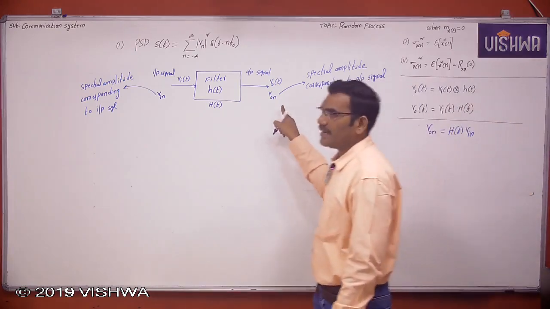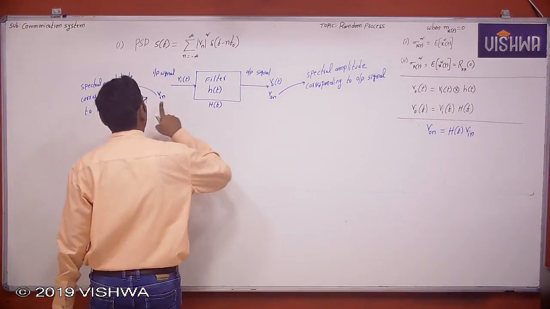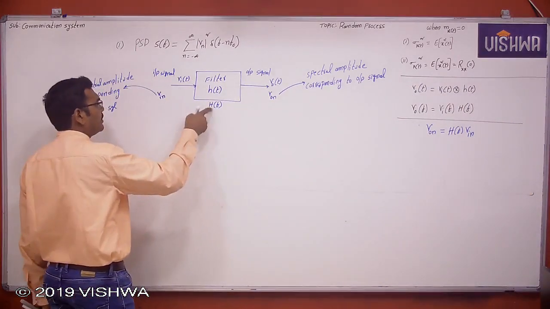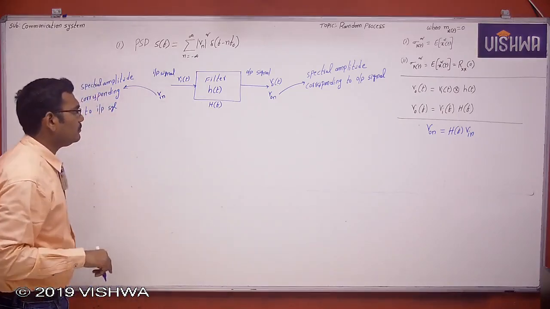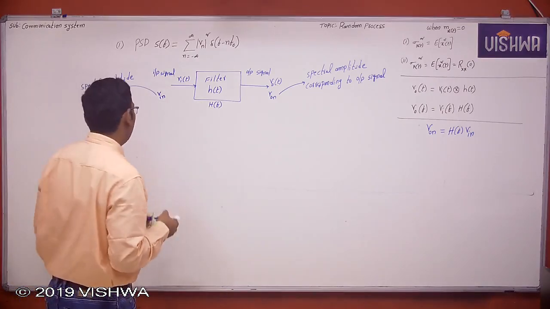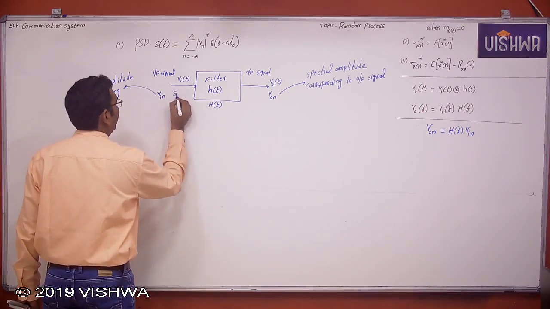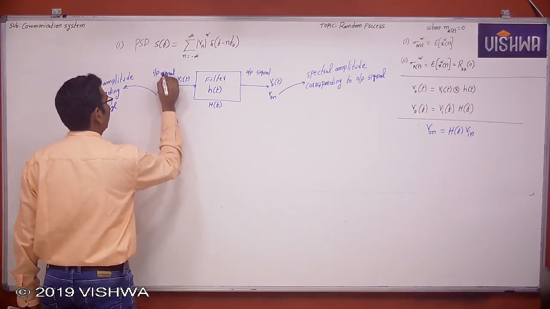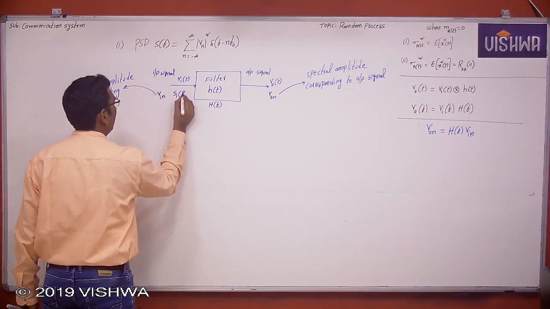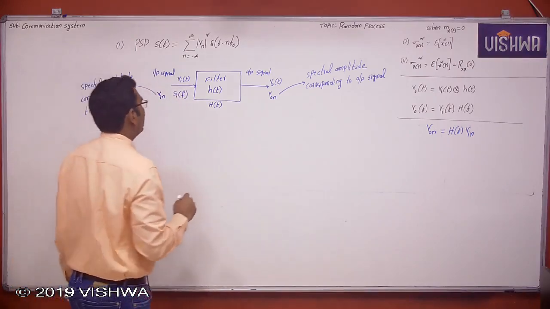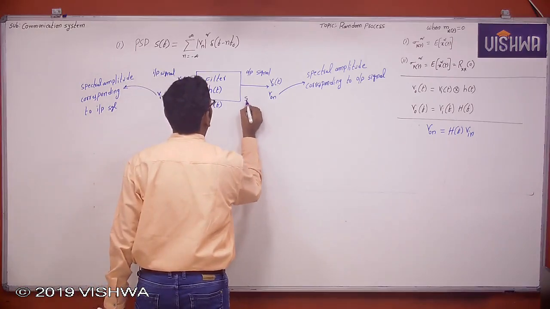So the spectral amplitude at the output side is the spectral amplitude at the input side multiplied with the gain. Right? So now I am asking one question. Here, the power spectral density of the input signal is Si of f. Power spectral density at the output of the signal is S0 of f.